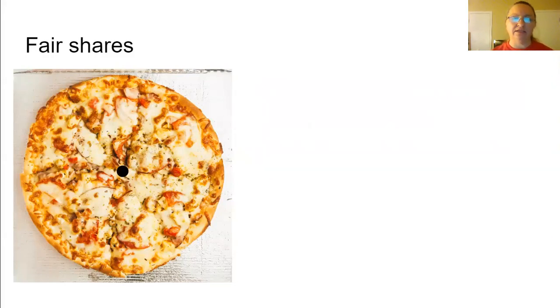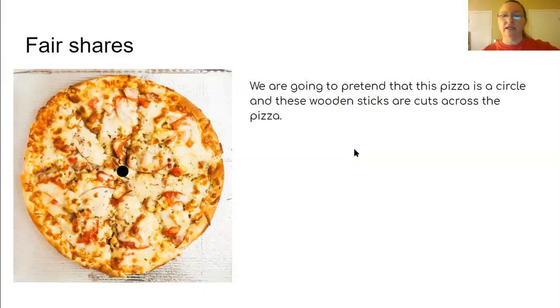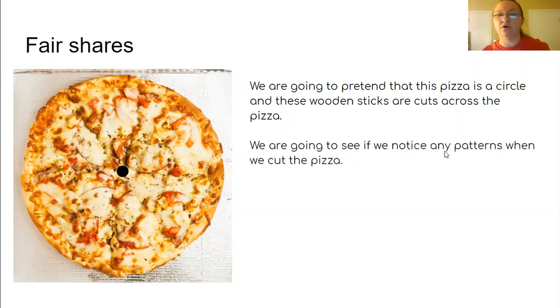And so we had these little coffee stirrers, these wooden sticks that look sort of like popsicle sticks, except a lot thinner and longer. And those represented cuts on our pizza. So we said we're going to pretend that this pizza is a circle and these wooden sticks are cuts across the pizza. And we're going to notice if there are any patterns as we cut the pizza.